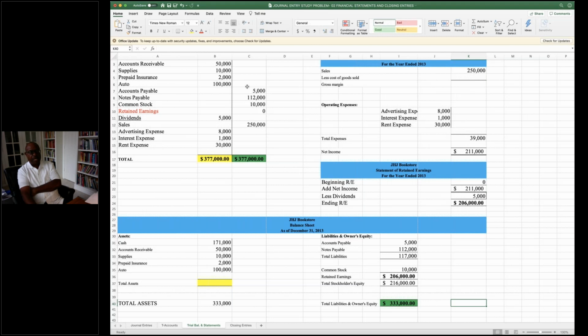You're going to prepare a correct trial balance, and I give you all a correct trial balance on the others also. Then you're going to do the income statement, statement of retained earnings, and the balance sheet for the 40 journal entries. And once you do that for the 40 journal entry, that becomes year one.